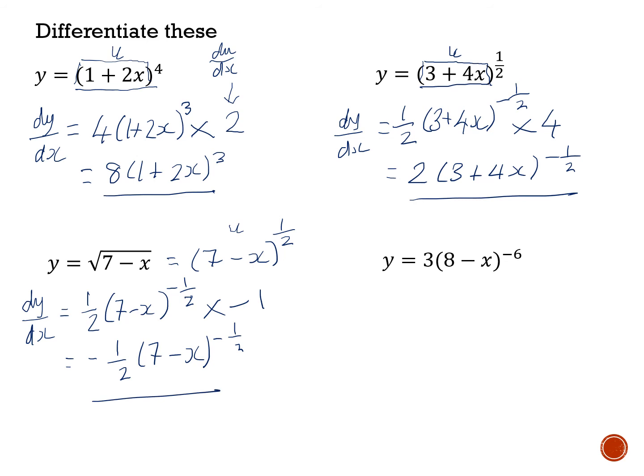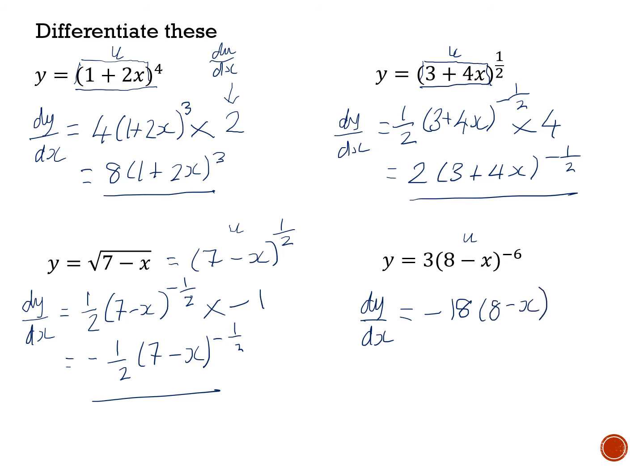Final one then of this type. Again, we've got something in a bracket raised to a power. So visualize, this bracket is my u. Differentiate then. That's like differentiating 3u to the minus 6. Bring down the power. There's a 3 at the beginning, so that becomes a minus 18 at the front.